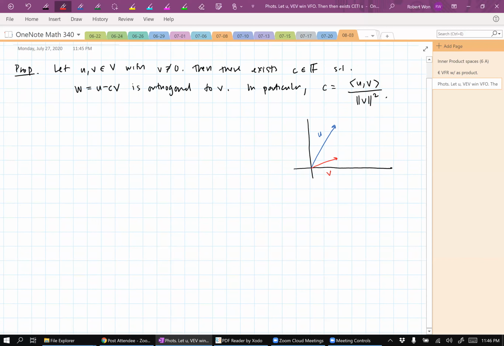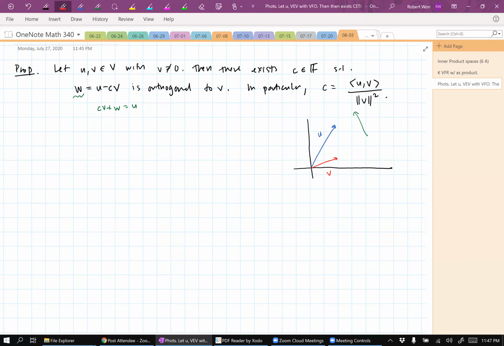What this is saying, all right, let me mark up what we're getting, is that you can find a vector w that's orthogonal to v, right? Maybe I'll underline it in green because that's what I'll draw w in eventually. So that means a vector that's going in this direction in this picture. And another way to say that w is equal to u minus cv is to say that cv plus w equals u.